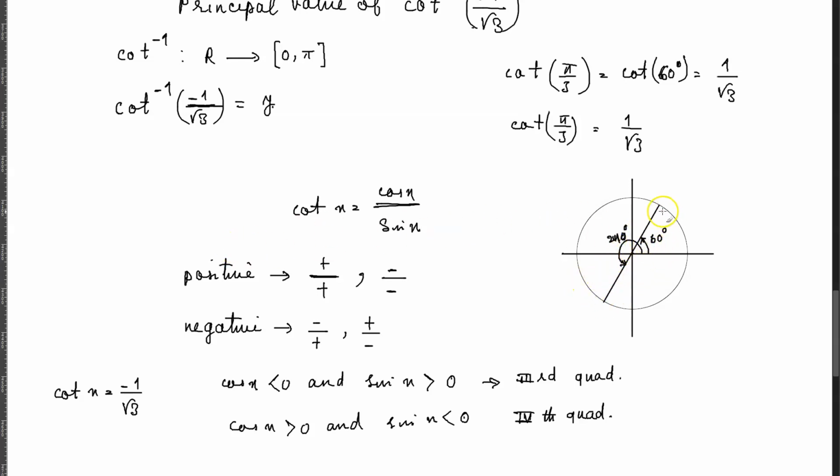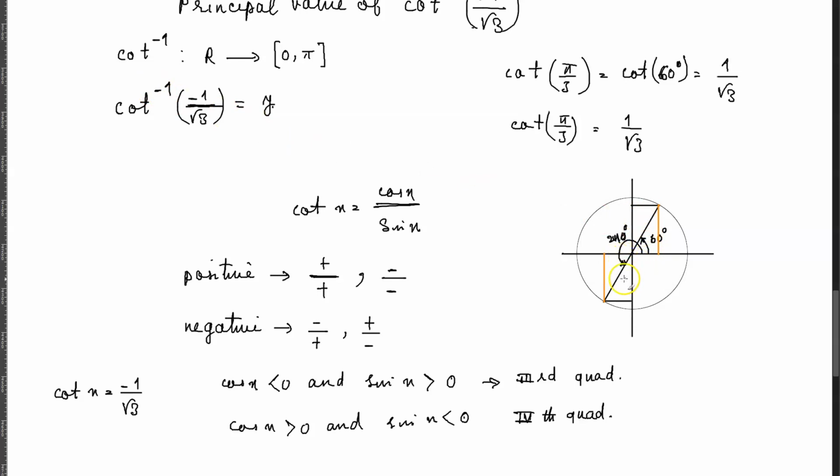So if I calculate the sine of this angle, and the sine of this angle, you can tell that they are the exact same values. And the cos of this angle here, and the cos of this angle here, you can say that they are the exact same values, right? The only difference here is that the sine and cos of this angle are both positive, which means that the cot of the angle becomes positive.